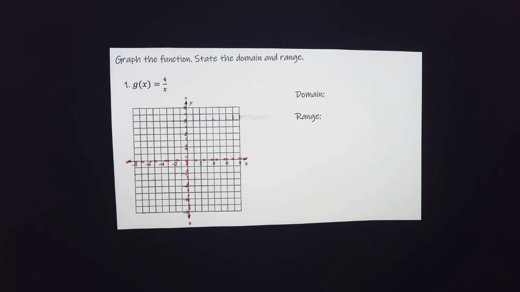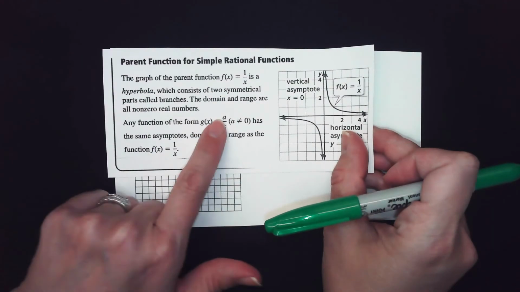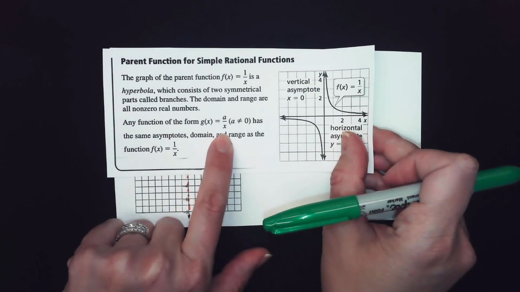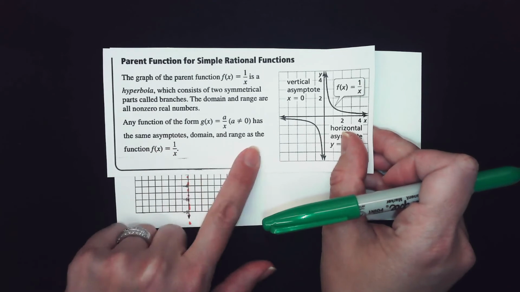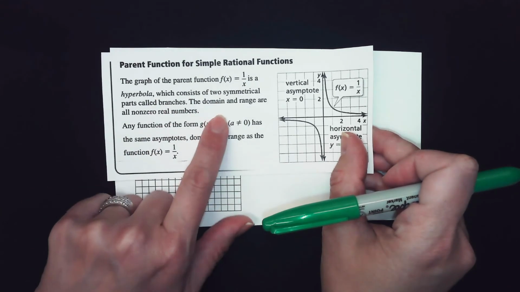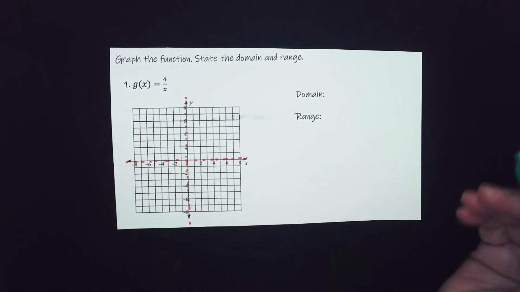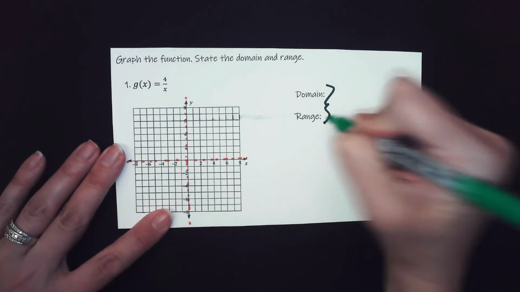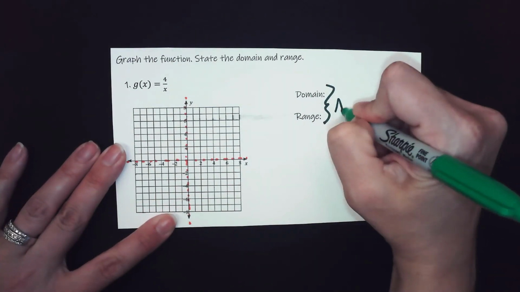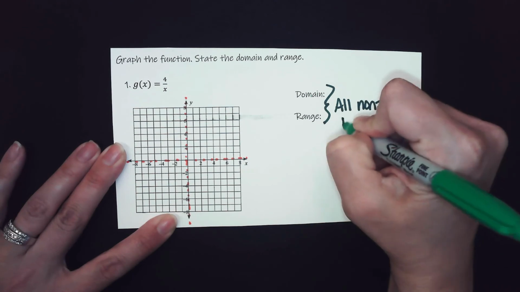We know from the definition here that no matter what that a is, if it's a number over x, the domain and range are the same as 1 over x, and that is all non-zero real numbers. So my domain and range here, I'm only going to write it once, are all non-zero real numbers.